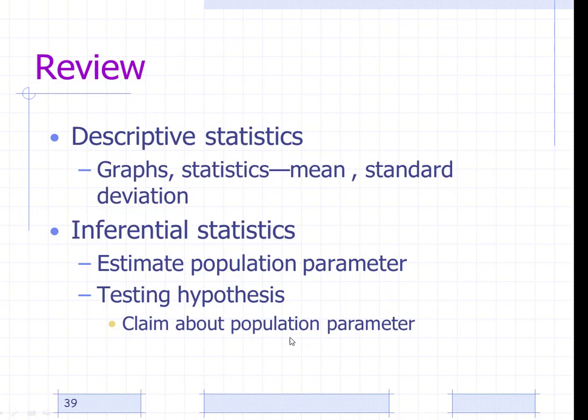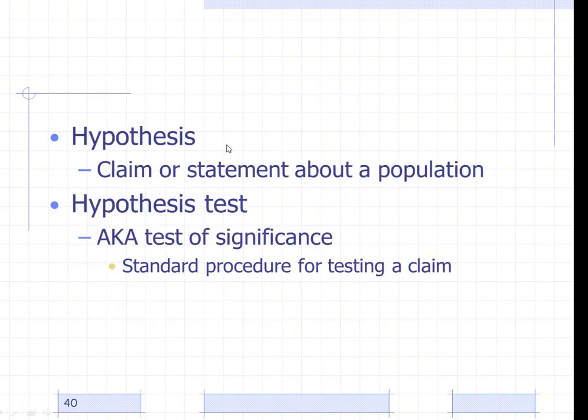And that's just a claim about a population parameter. Just like when you learned in your first science class, you talked about what a hypothesis is. A hypothesis is a claim or a statement about a population. It's your best guess.